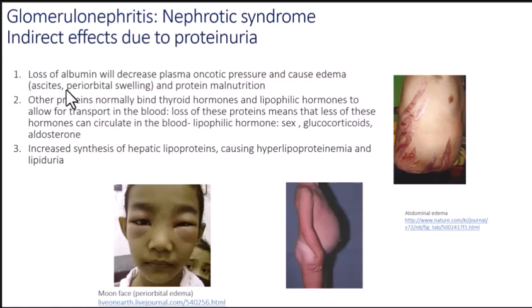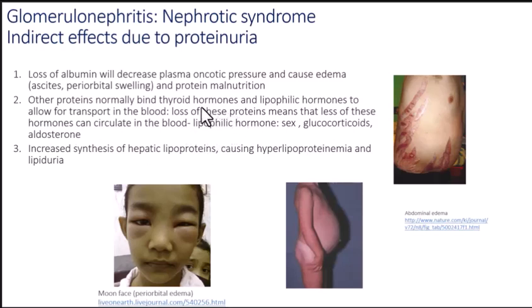The second indirect effect that we see with proteinuria is that normally proteins are going to bind to hormones within your blood, including thyroid hormone and other lipophilic hormones, allowing for the transport of these hormones. Examples of lipophilic hormones include sex hormones, glucocorticoids, and aldosterone.